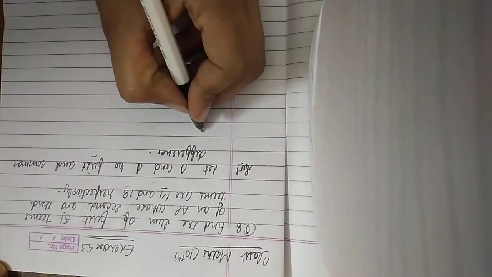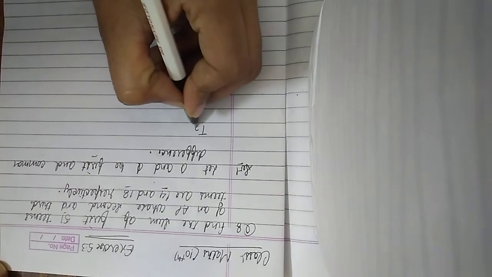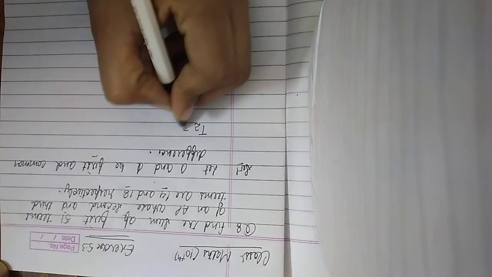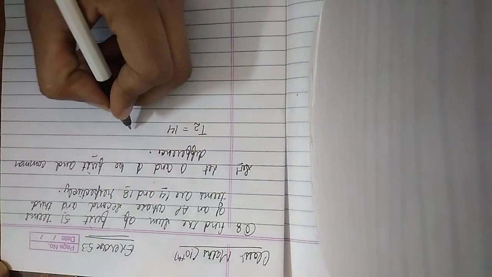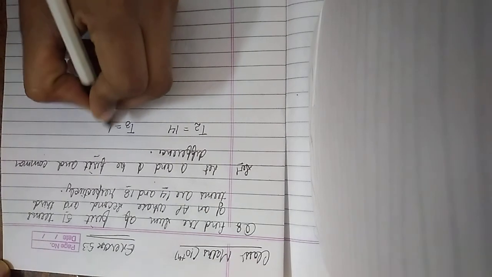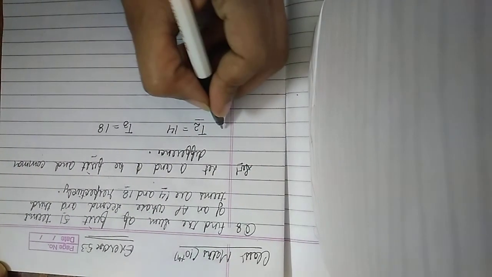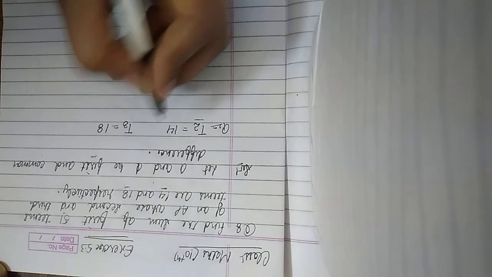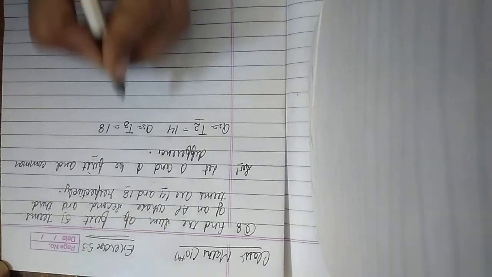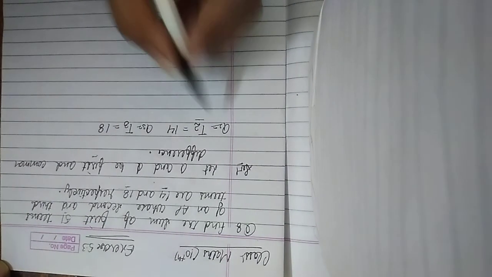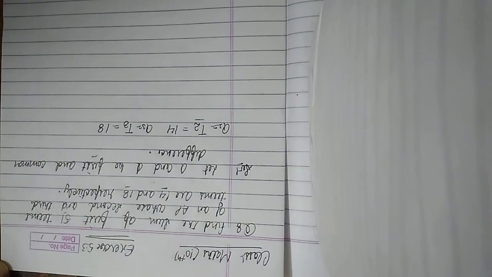Now we are given the second term is 14 and the third term is 18. It can also be A2 and A3. A2 means the second term is 14, A3 means the third term is 18.